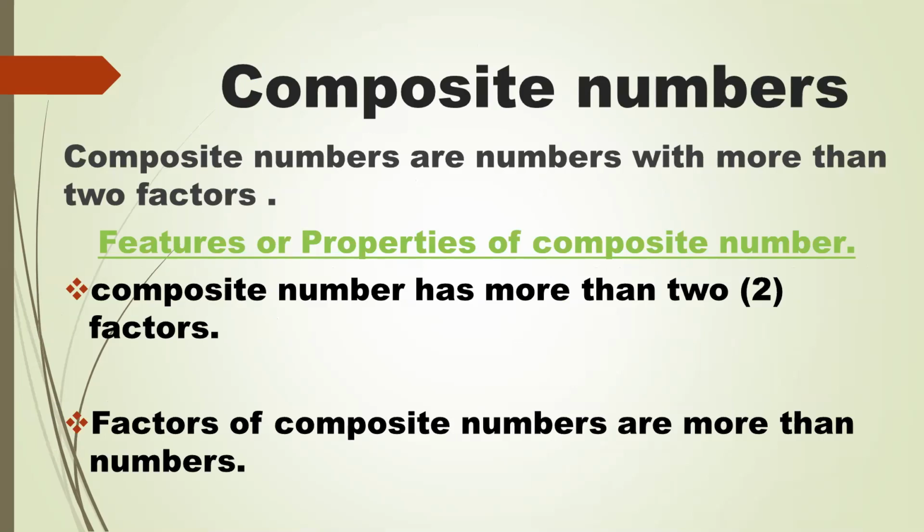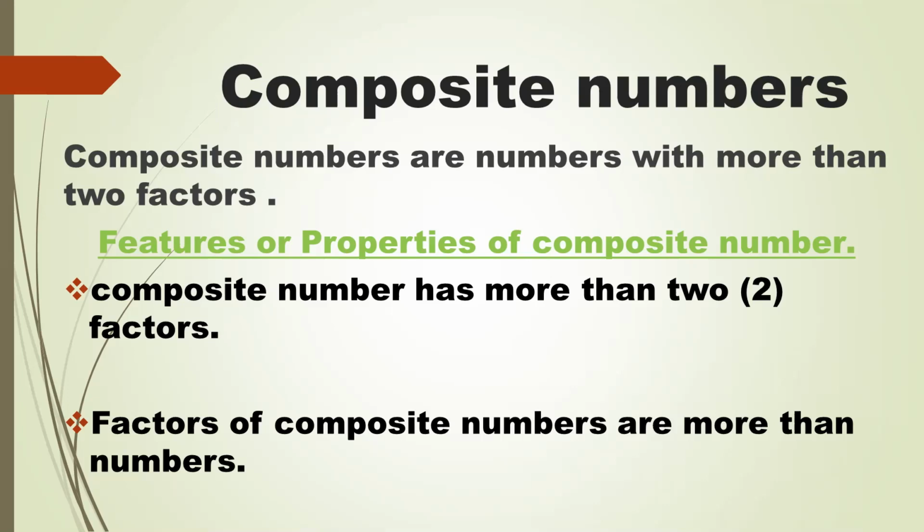Composite number, but the meaning is very understandable here. When you talk about a composite number, those numbers that are not prime numbers are called composite numbers. So composite numbers are numbers with more than two factors. Prime numbers are numbers with only two factors, normally one and itself.